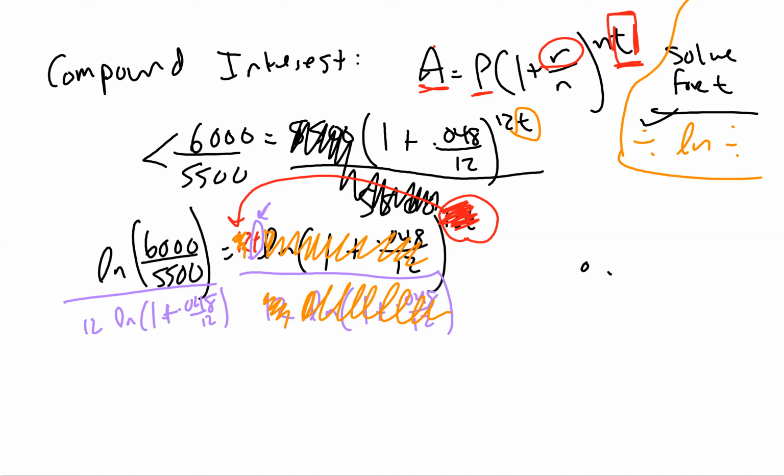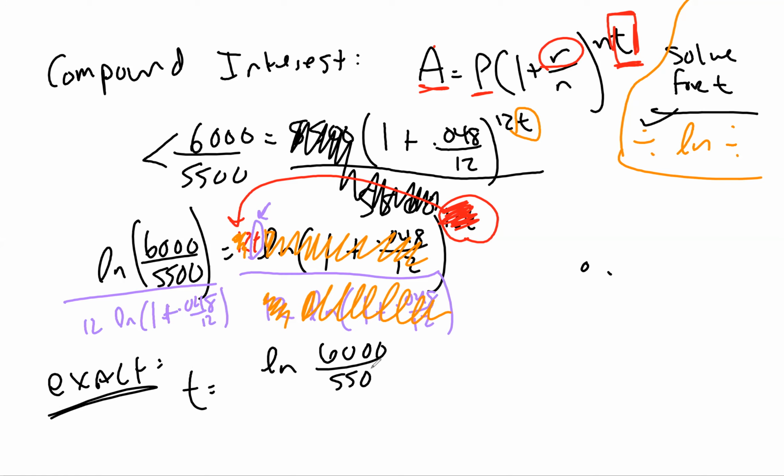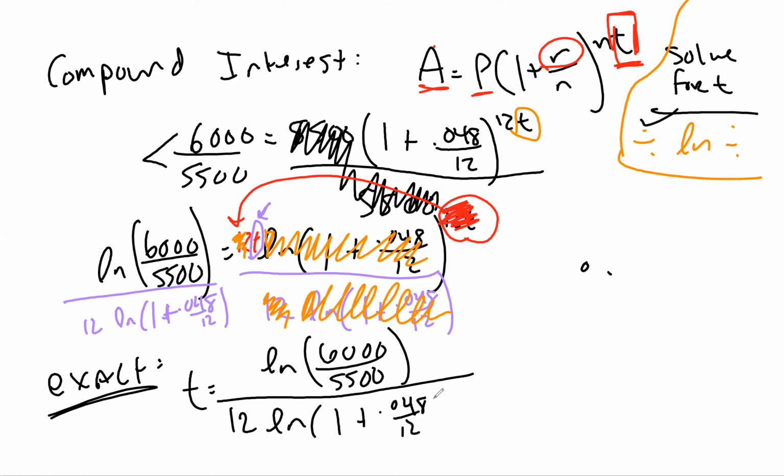And so, hey, guess what? I solved for T. My exact answer will be T equals the ln of 6,000 divided by 5,500. Notice that, again, it's just one ln all over 12 ln of 1 plus 0.048 divided by 12. That's my exact total answer.